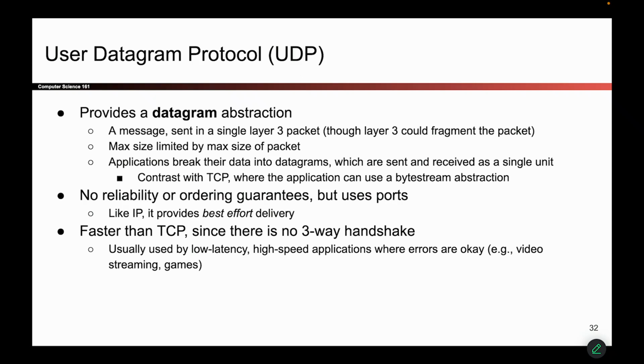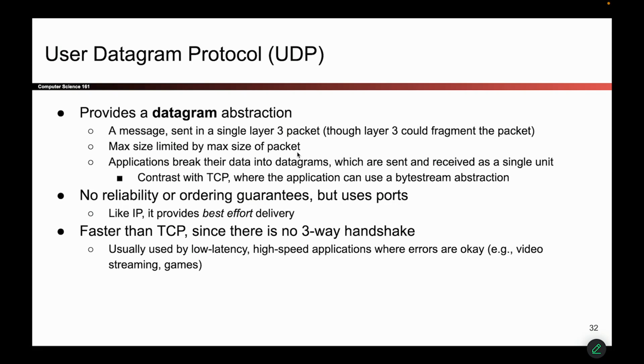UDP is kind of like TCP, except we don't have any of the features that we talked about. So it's like UDP is a very plain version of TCP. It still has ports, so we keep those in order to figure out which application on the computer we're sending to. But it provides best effort delivery, which means it doesn't resend lost packets. It doesn't reorder packets.